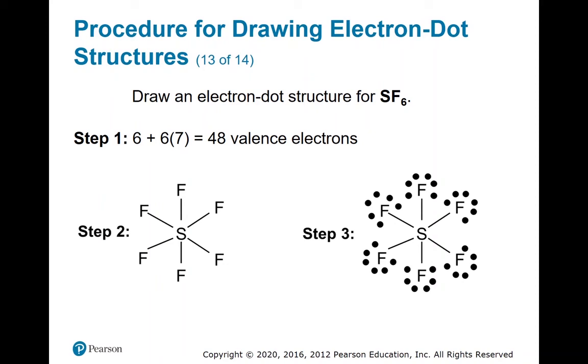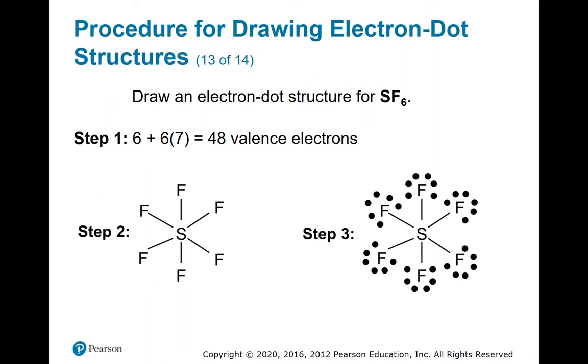So we can use those to complete the octets of the fluorine atoms in step 3. We have 6 fluorine atoms, each of which needs 6 more electrons to get to a total of 8. And as it turns out, if we have 6 electrons per atom and 6 atoms, that'll be 36, which is exactly the number of electrons left after step 2.